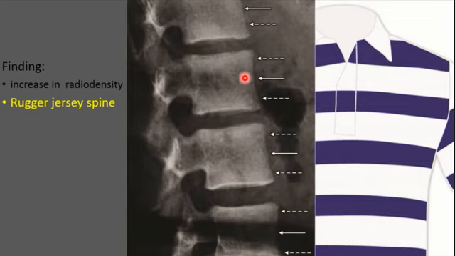This is due to alternating bands of high radiodensity and lucency along the mid portion of the vertebral bodies.